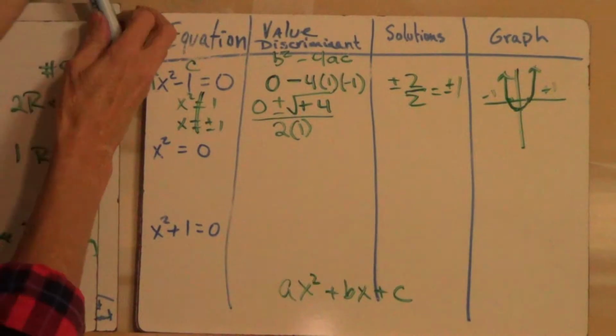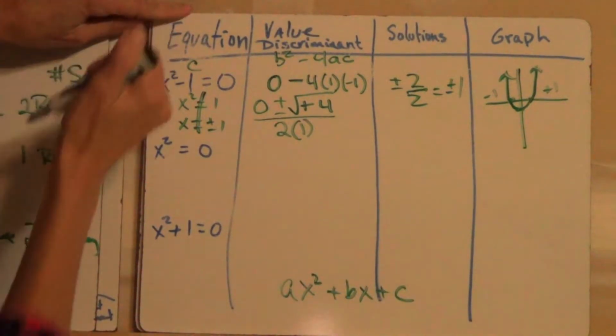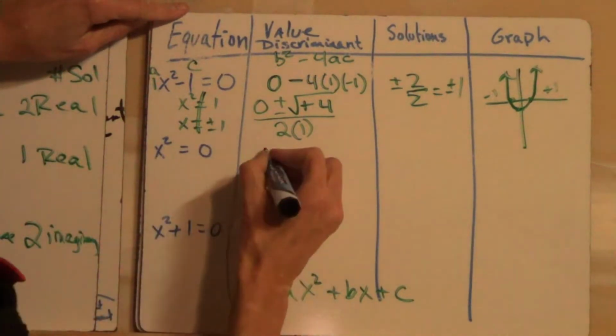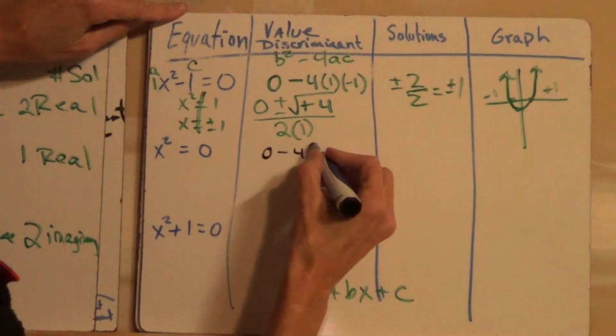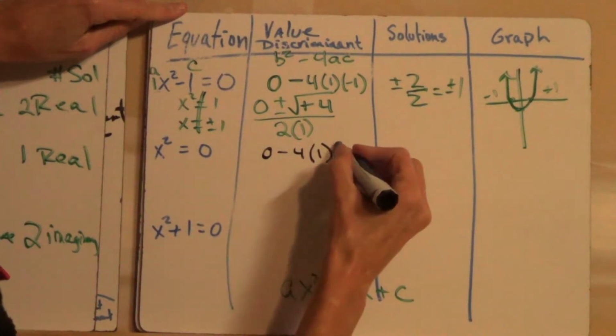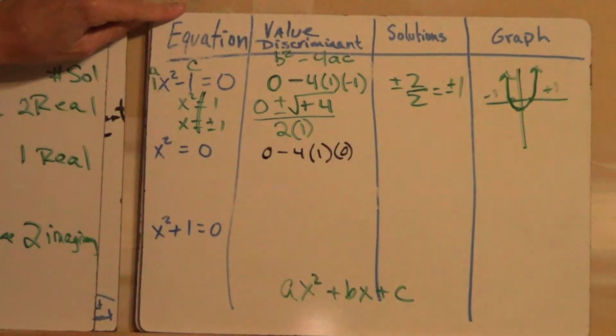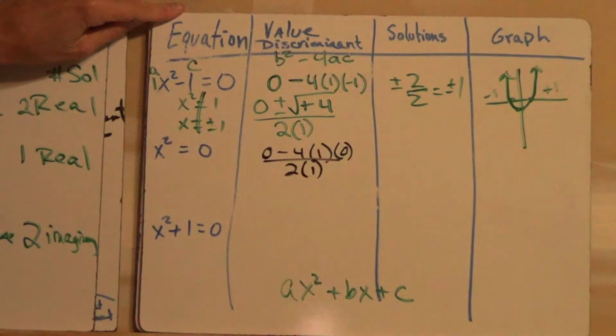Next problem. If we have x squared equals 0, using the discriminant, the b is 0, minus 4 times a, which is 1, but now c is 0, all over 2 times 1.